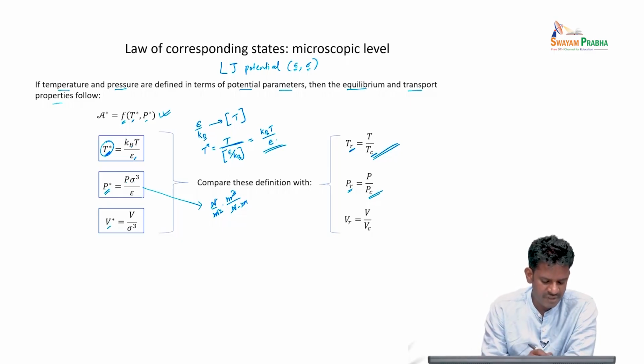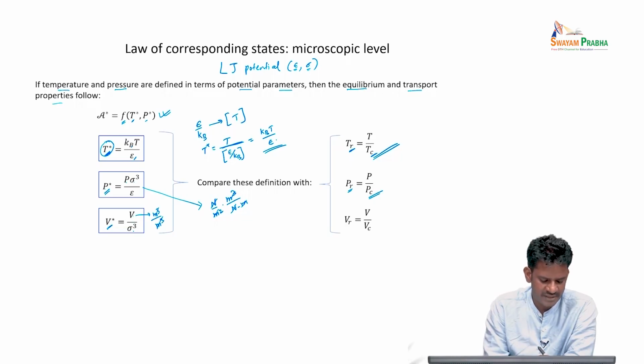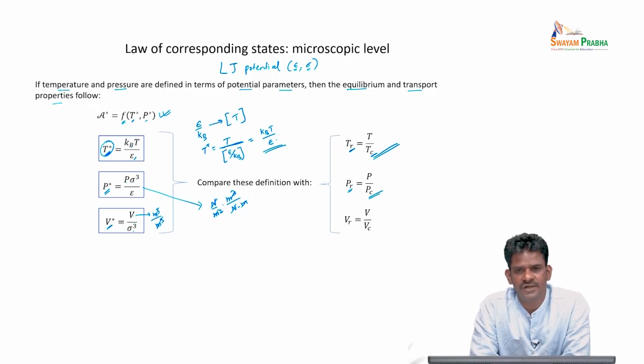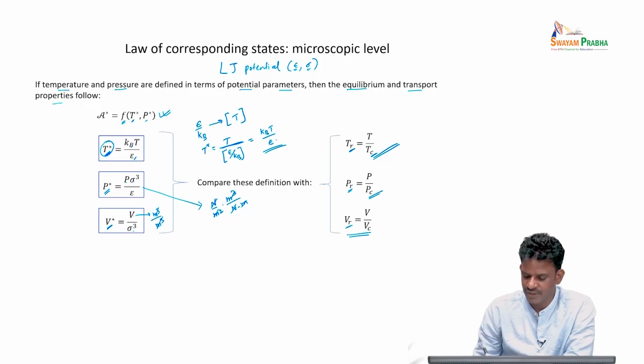Similarly, volume can also be normalized as V by sigma cube, and this V is in meter cube and sigma cube is also in meter cube, so they cancel each other, so that V star is a non-dimensional or reduced volume. Whereas in the equation of state, the reduced volume would be defined as volume divided by the critical volume Vc.